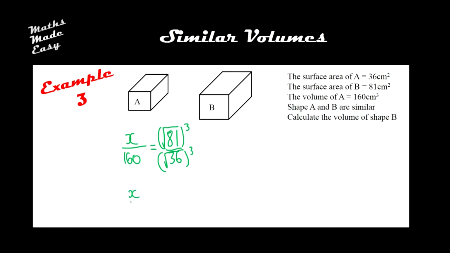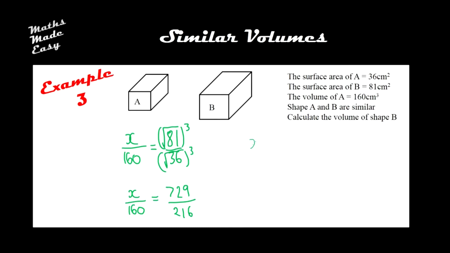So what I would probably do at this point is have x over 160, then just work these out. Well, the square root of 81 is 9, and if I cube that, I get 729, and the square root of 36 is 6, and if I cube that I get 216. You may not be able to do this necessarily in your head, you may have to get a calculator to do that for you.